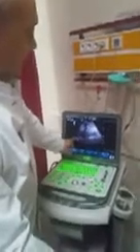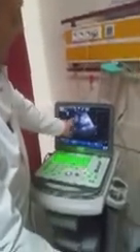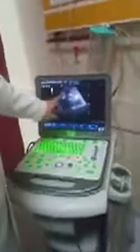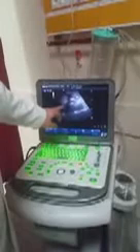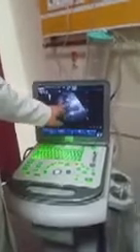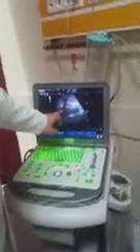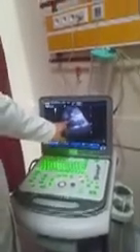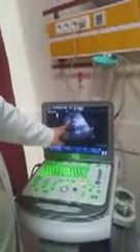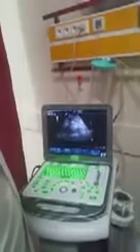So this is the upper part, this is the lower part, the diaphragm, and this image shows me a homogeneous liver image, and the horseshoe-shaped organ, this image shows me the kidney, and this white space shows me the Morrison pouch.